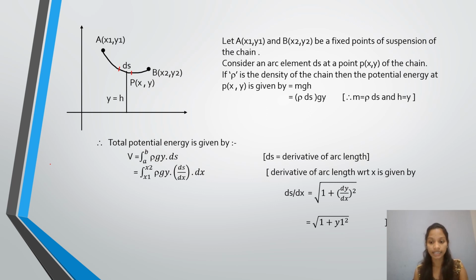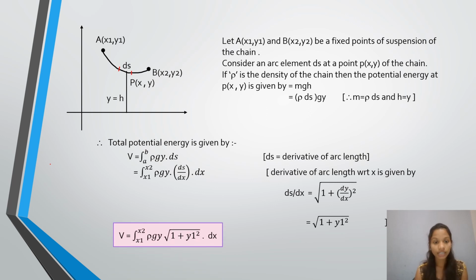On the right side I have written that ds by dx equals root of 1 plus (dy by dx) whole square. This is the general equation for the arc length with respect to x, where dy by dx is y dash. So ds by dx equals root of 1 plus y dash square.